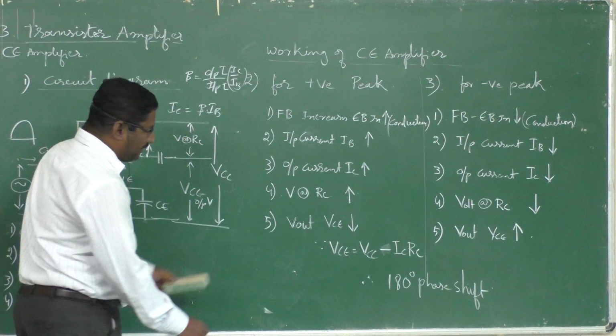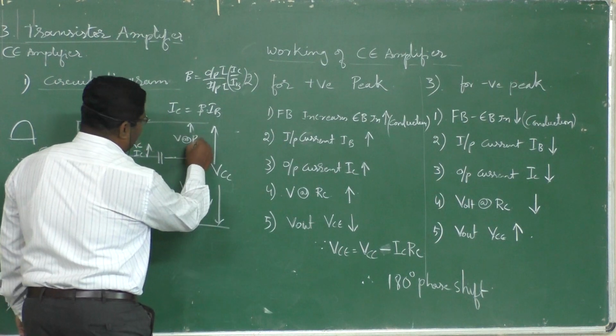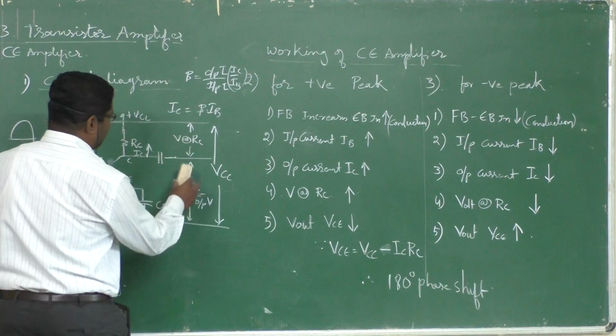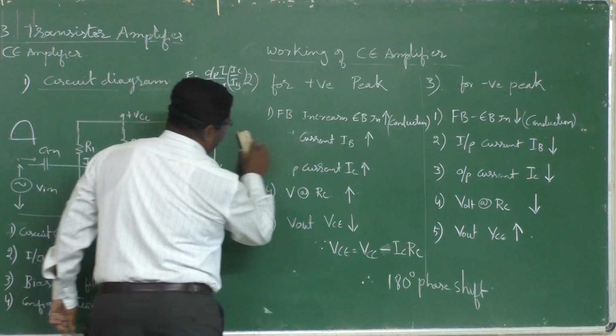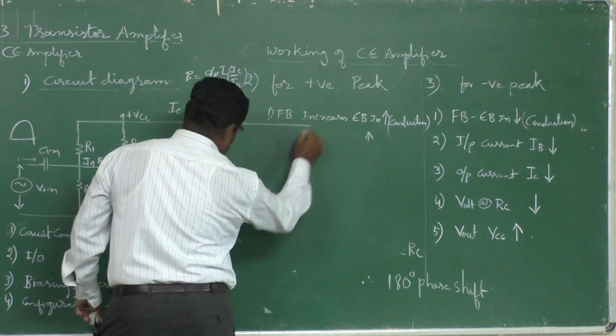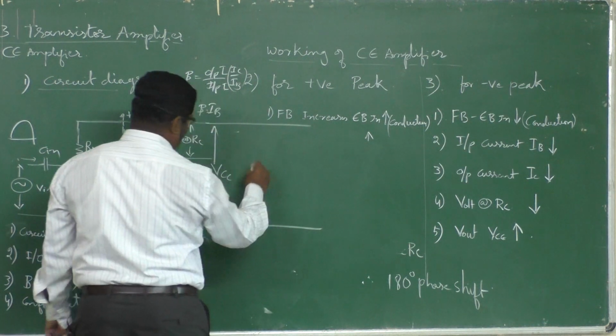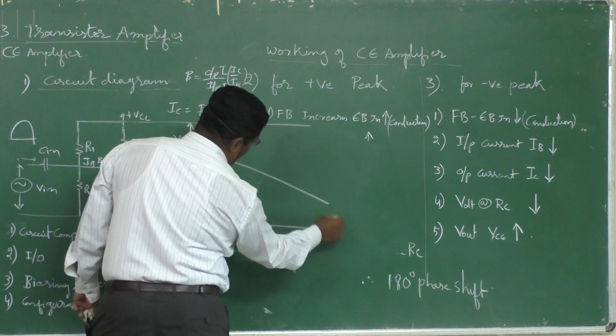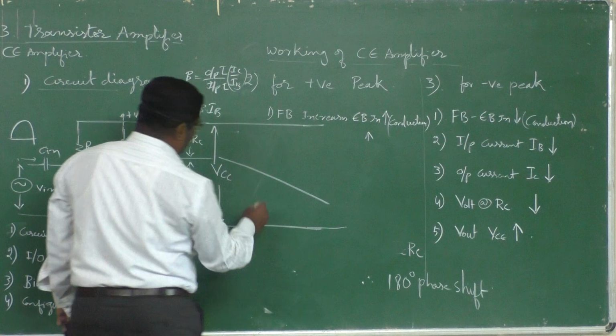So what is happening here? The voltage drop across RC is increasing. VCC is fixed. When the voltage drop across RC is increased, what happens to the voltage across VCE?